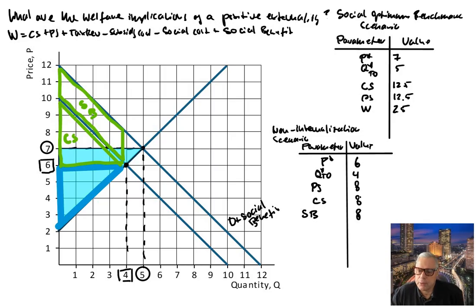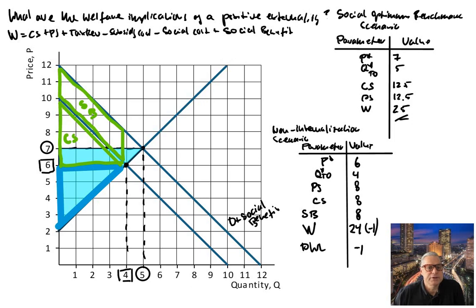Okay, so now in this case, welfare is 8, 16, 24. But we see in the social optimum, we should have 25, so we have a deadweight loss of 1. So a deadweight loss of -1. And obviously there is this deadweight loss, and I'm very sure you can see it.